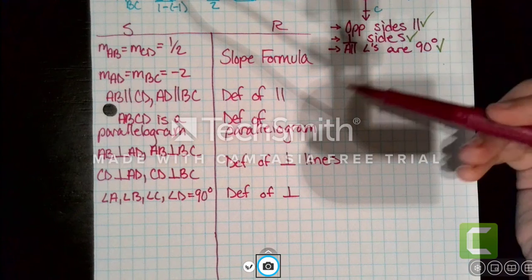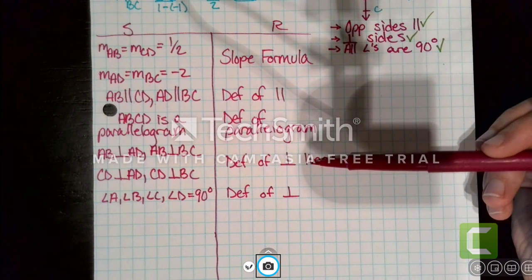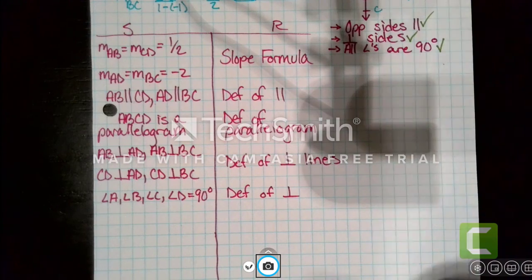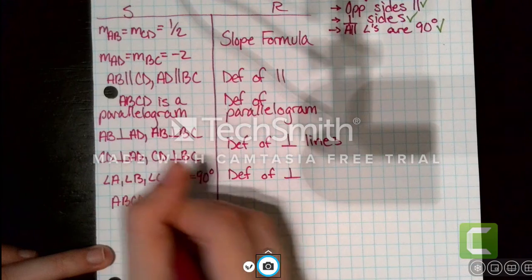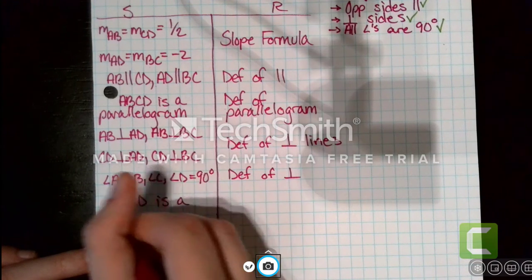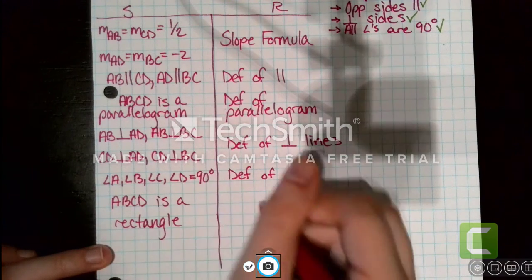And now that we've proven that opposite sides are parallel, that we have perpendicular sides and 90-degree angles, we can claim that ABCD is a rectangle by the definition of the shape.